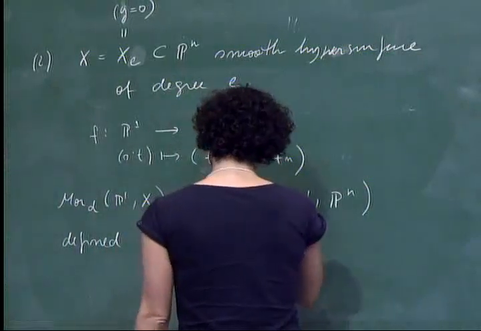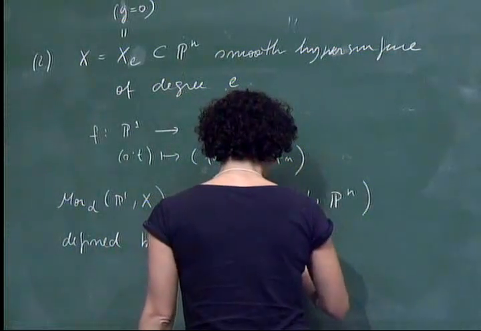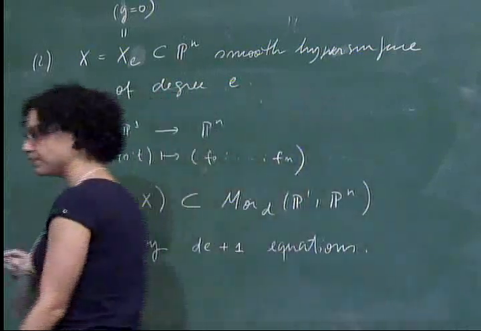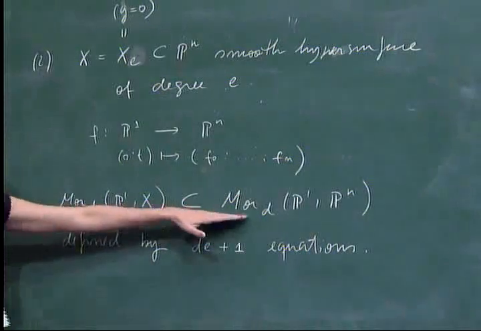So this is defined by d times e plus 1 equations inside this bigger space.